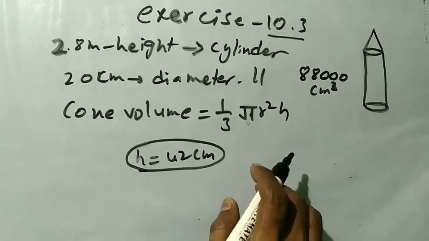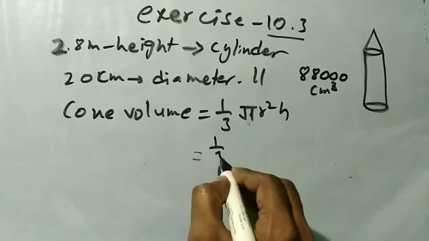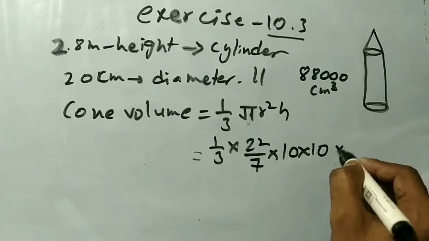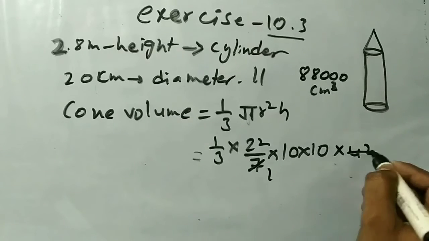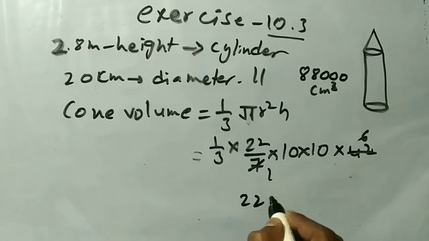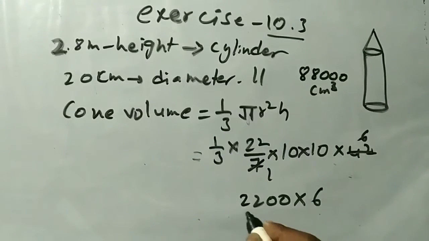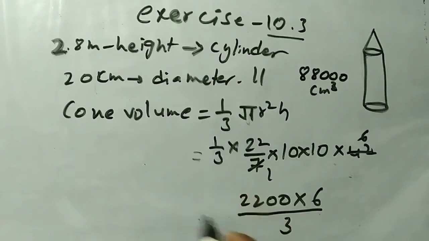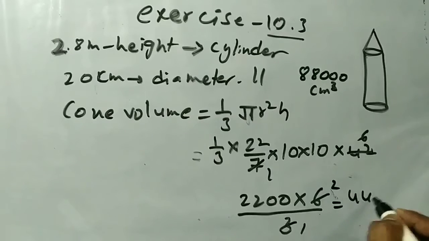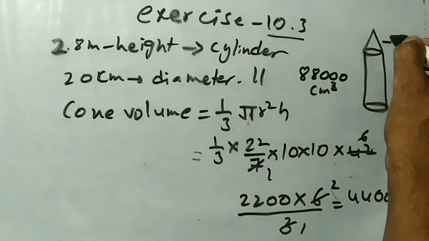So no need to write again and again. So here 1 by 3 into 22 by 7 into 10 into 10 into 42. 7 sixes are 42, 6 twos are 12. So here it is 2200 into 6 by 3. 3 twos are 6. We get finally 4400 centimeter cube. That is the cone volume.